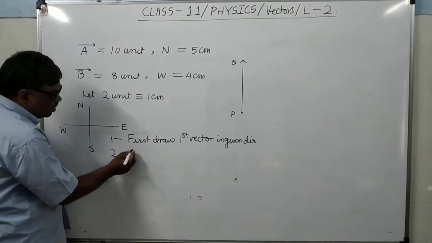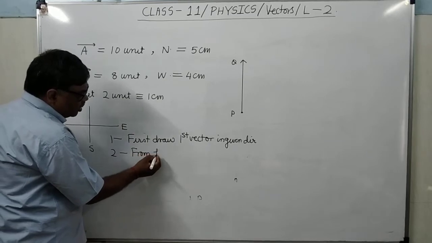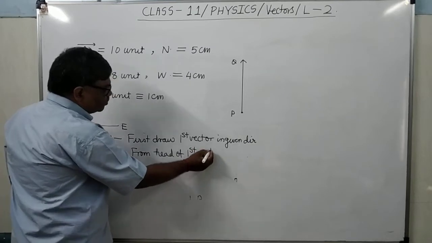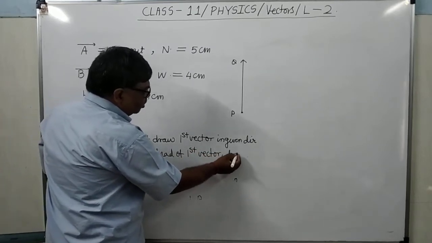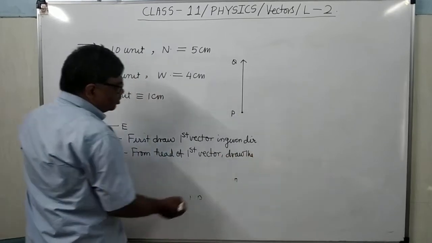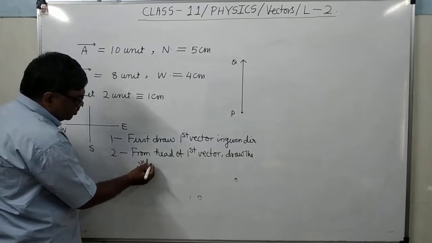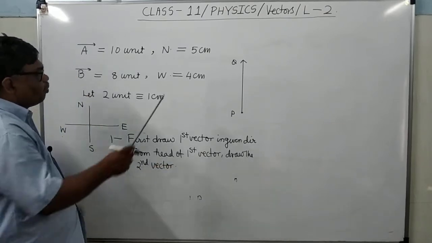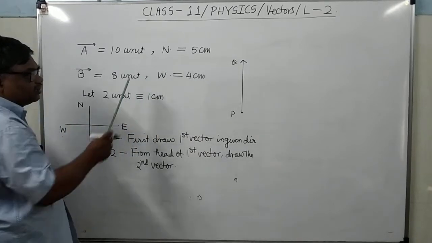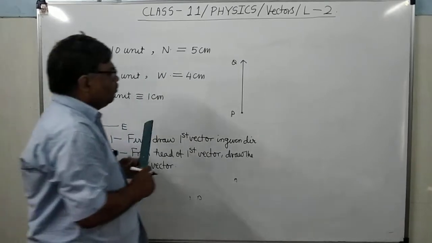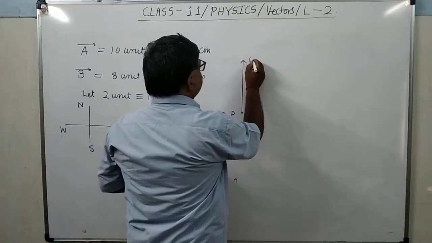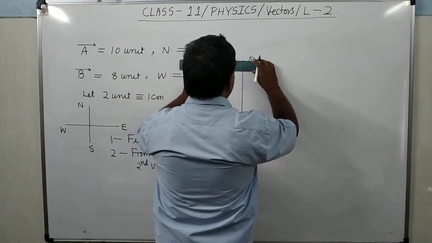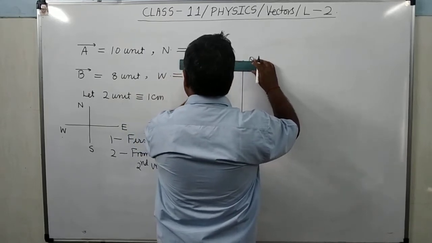Then from the head of the first vector, draw the second vector. So see here, with respect to the point Q, what is the west direction? West direction is this. So here you have to draw a line segment of 4 centimeter.